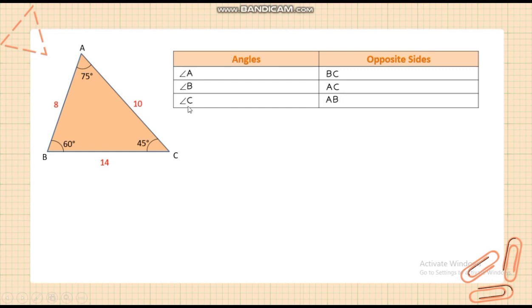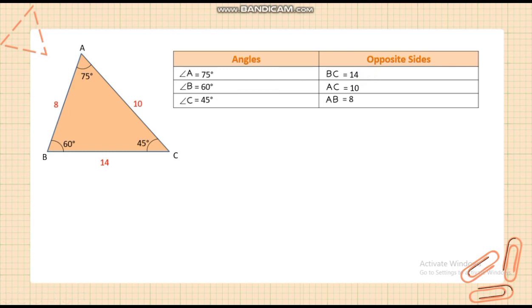And now let us identify the measurements of each angle and the opposite sides. Angle A is equal to 75 degrees, angle B is 60 degrees, angle C is 45 degrees. And the opposite sides, BC is 14, AC is 10, AB is 8.